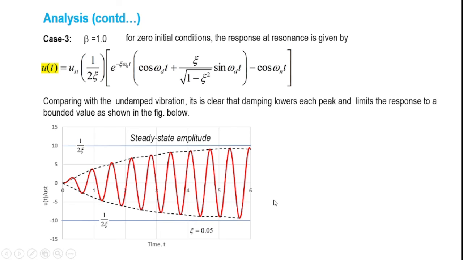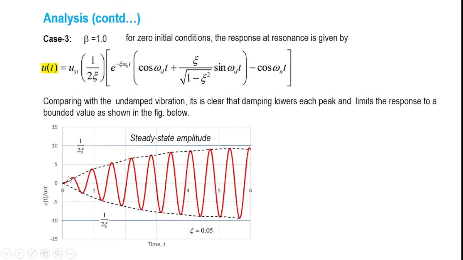Look here. Here I have made a simple plot, where along the x-axis I have considered the time t, and along the y-axis the ratio of the response u(t) divided by u_st, and this equation is plotted for a damping ratio of zeta equal to 0.05.